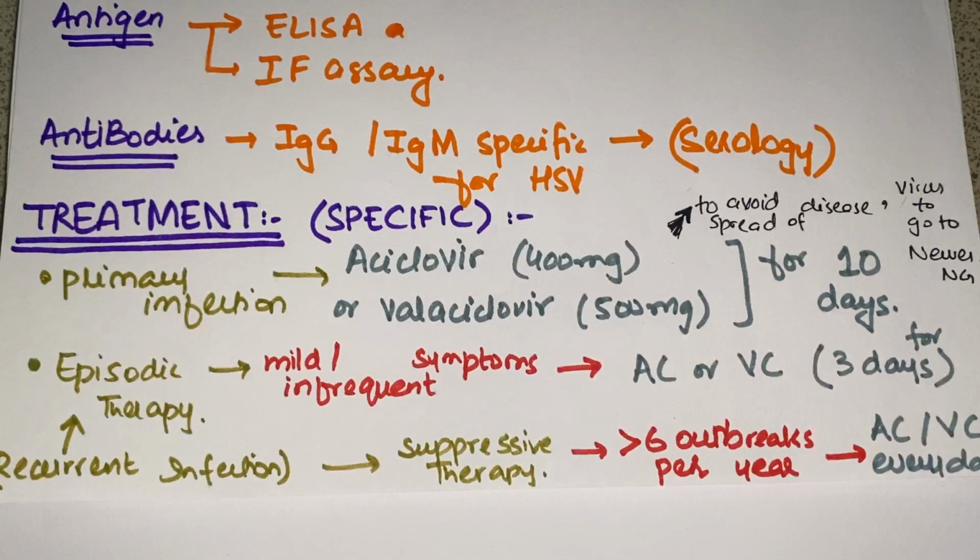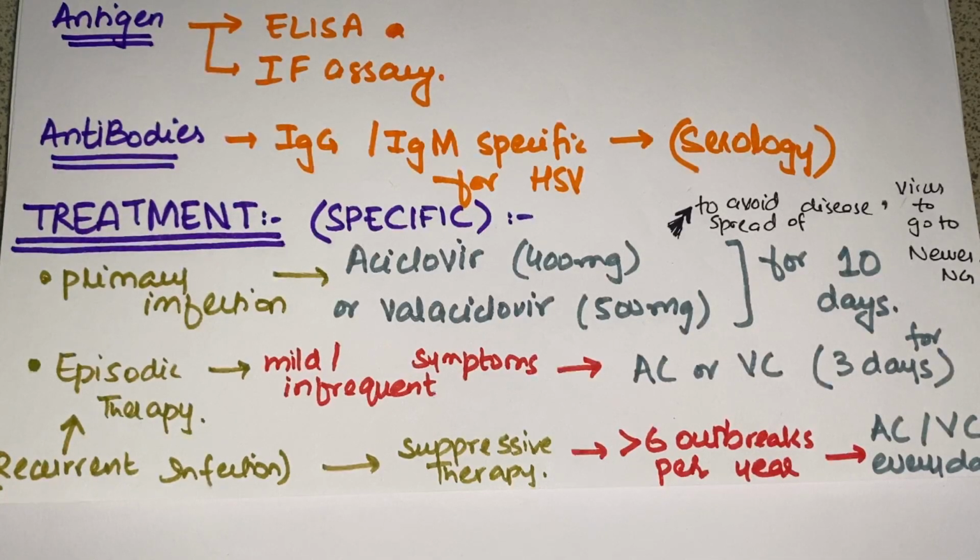Secondly, for recurrent infection, we have two types of therapies: episodic therapy and suppressive therapy. Suppose the patient has a recurrent disease, but with very mild symptoms occurring infrequently. We simply give acyclovir or valacyclovir, same doses, but this time just for 3 days to relieve the symptoms.